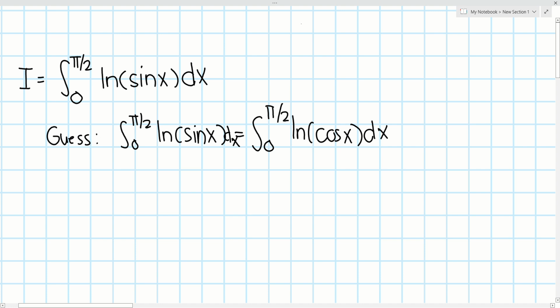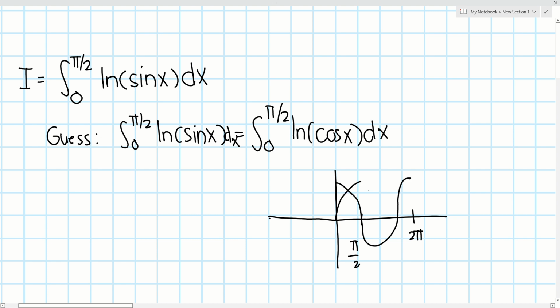First, you have to look into the graphs of sine x and cosine x. Suppose we have cosine here; it's periodic up until 2 pi, and this is pi over 2. And then the sine one starts at 0 and is periodic up until 2 pi.